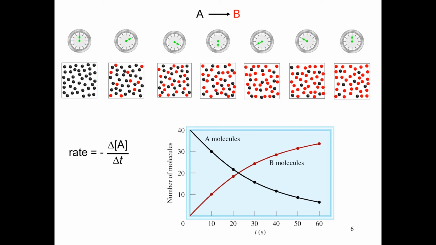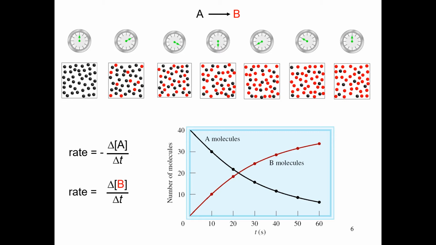So we could describe this as minus delta A over delta T because A is decreasing, or we could express the rate as the appearance of B, so delta B over delta T.